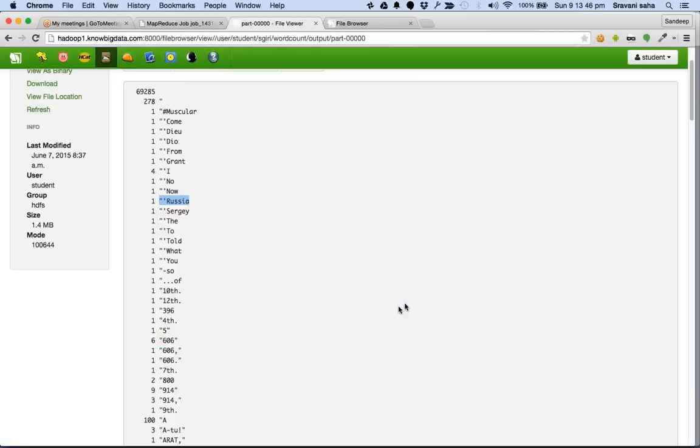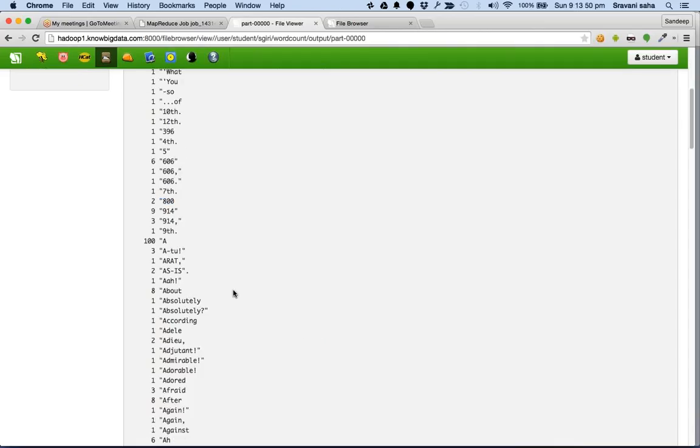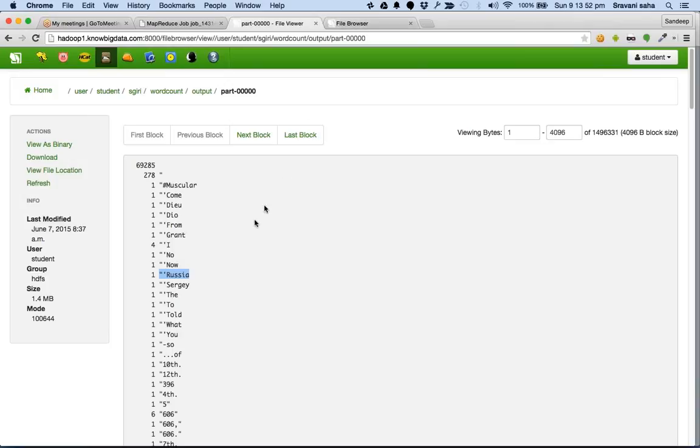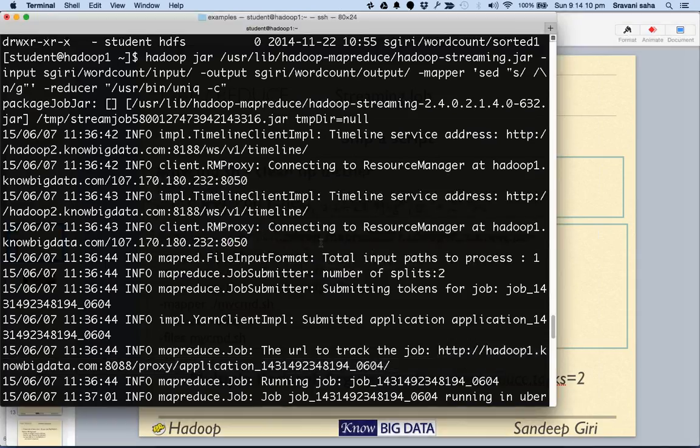Okay, so now let's clean it up. What do you suggest for cleaning it up? Our key value pairs were not clean enough, so let's clean them up a little bit more. To do that, we are creating another script in which we are writing these kinds of things. First is replace. I will show you this.